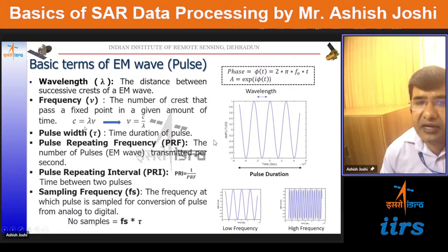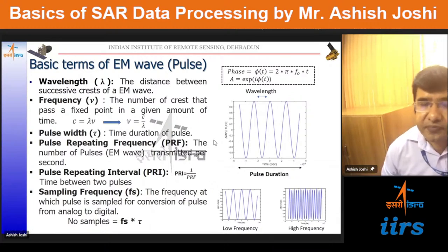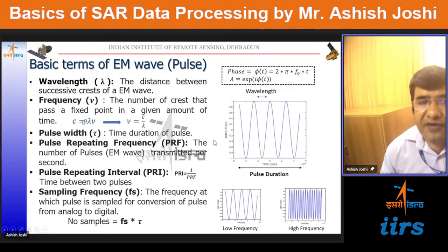So from this we have the formula c = λν, where ν is the frequency, λ is the wavelength, and c is the speed of light.